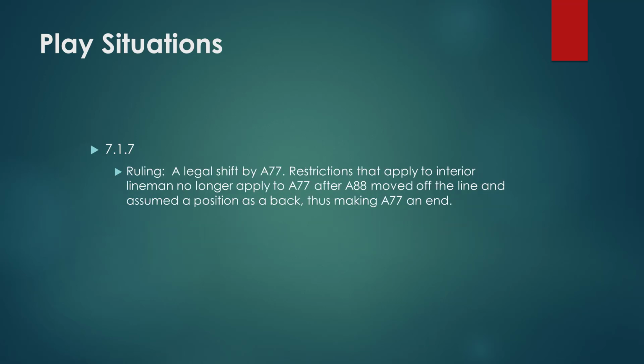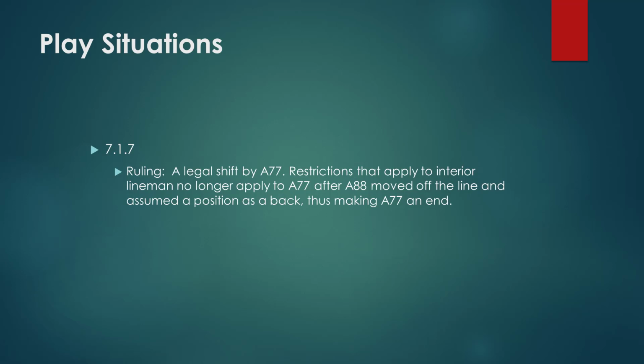This is a legal shift by A77. Restrictions that apply to interior linemen no longer apply to A77 after A88 moved off the line and assumed a position as a back, thus making A77 an end. So this is an important distinction between what interior linemen can do or can't do, what restrictions they have.